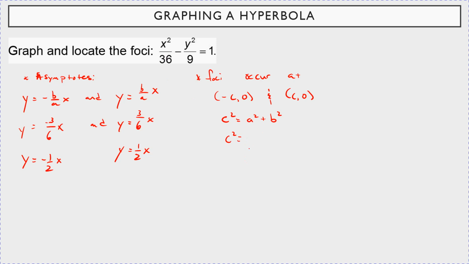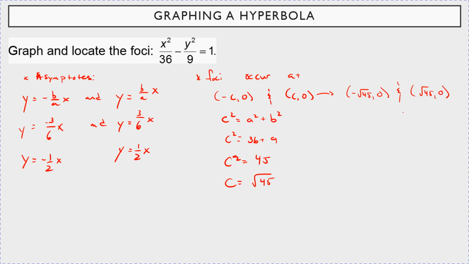Well, 36 is my a squared, 9 is my b squared. So c squared is equal to 45, or c is just equal to the square root of 45. So that means my foci occur at negative square root of 45 comma 0 and square root of 45 comma 0.